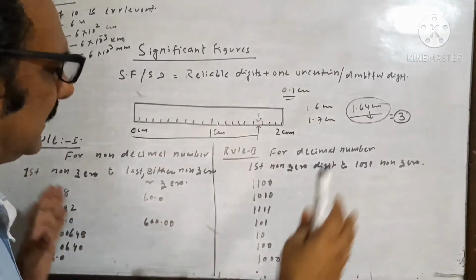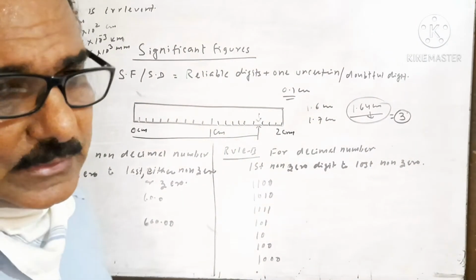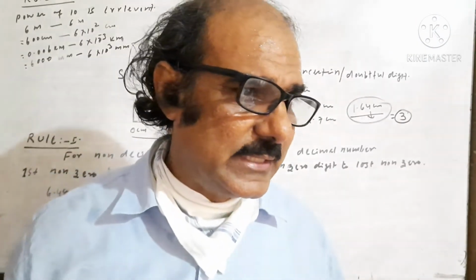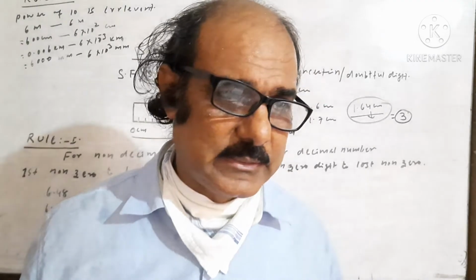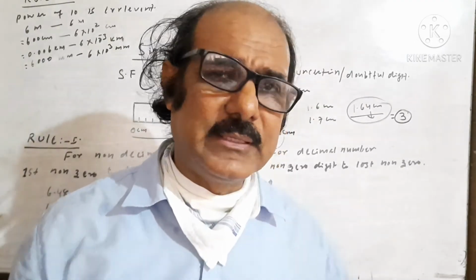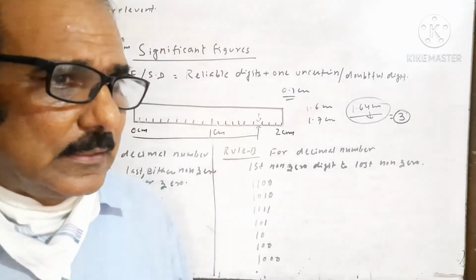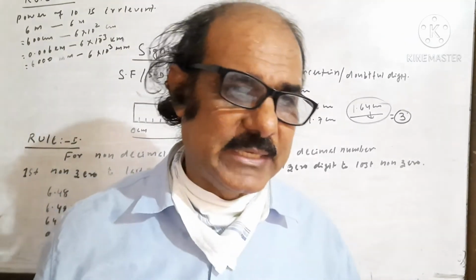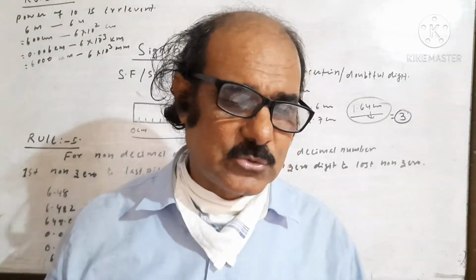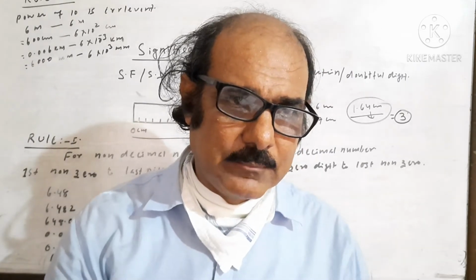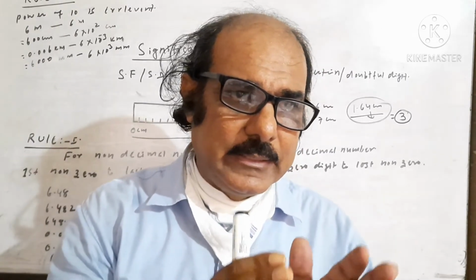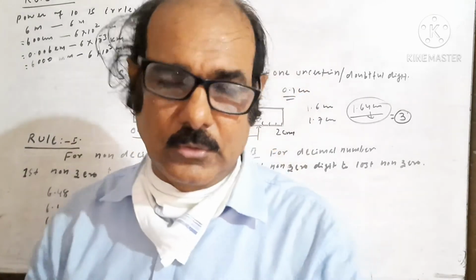Now come to the numbers, and how to differentiate the significant figures or digits. There are different types of processes. Without any confusion, I would like to explain on the basis of whether the number has a decimal or not.